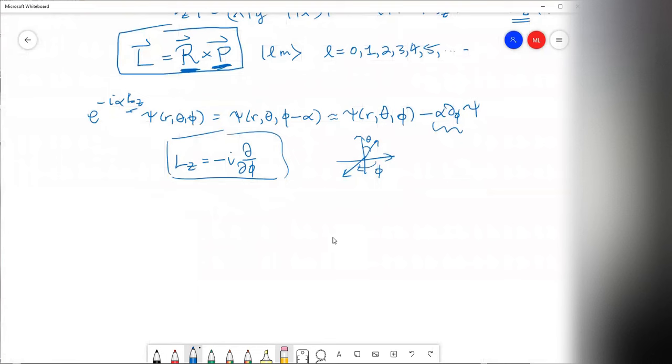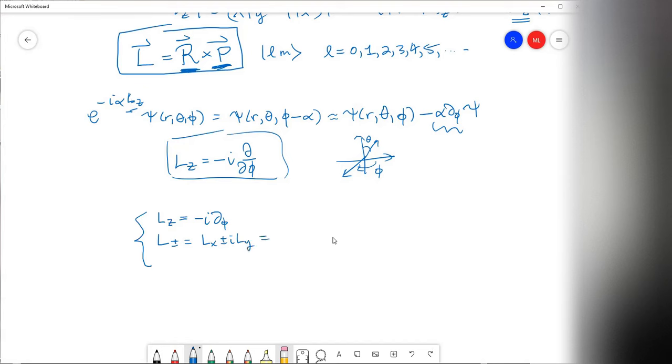That kind of calculation is what you'll be doing on the last homework, and I'll just summarize the results here. I've already showed you that LZ is minus i partial with respect to phi. And now you have the equivalent of the J plus minus, the L plus minus, which are LX plus or minus i LY.